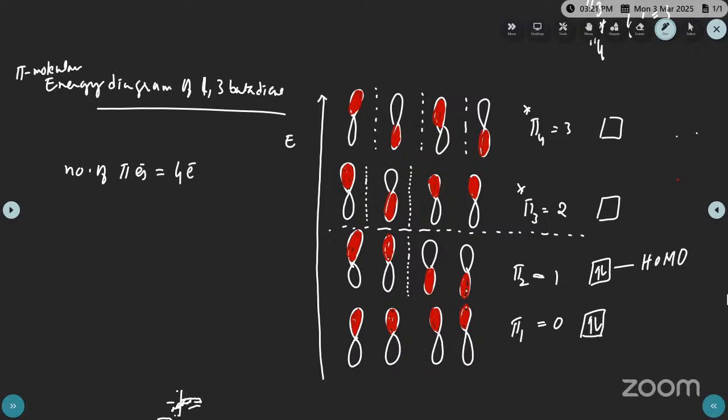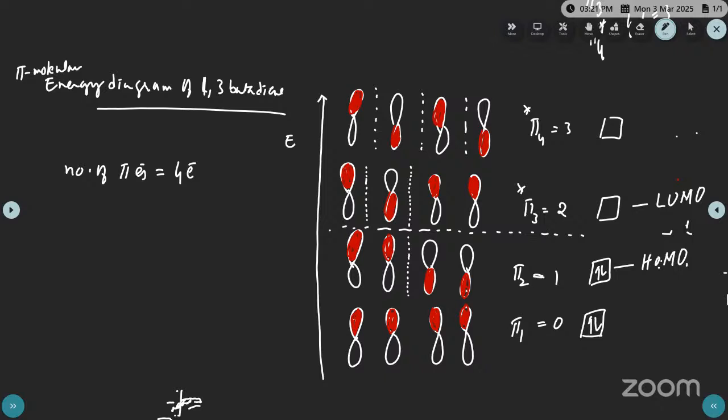In these two, this is a highest occupied molecular orbital. And what is this? This is the LUMO. LUMO meaning, U for unoccupied.